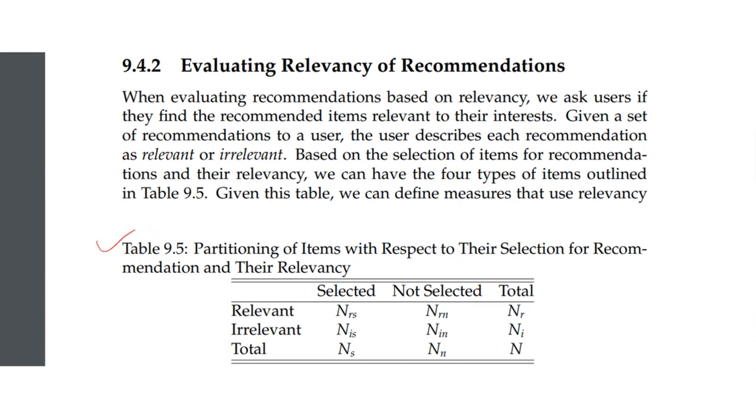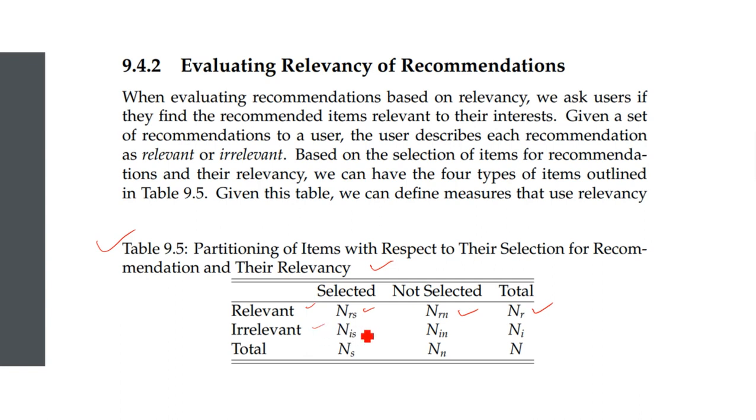For example, table 9.5 is a partitioning of items with respect to the selection for recommendation and their relevance. We can say relevant and selected, relevant and not selected, and the relevant total.